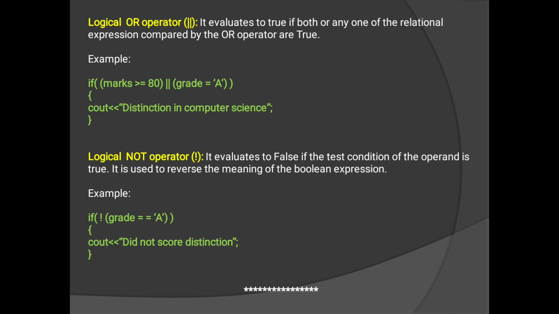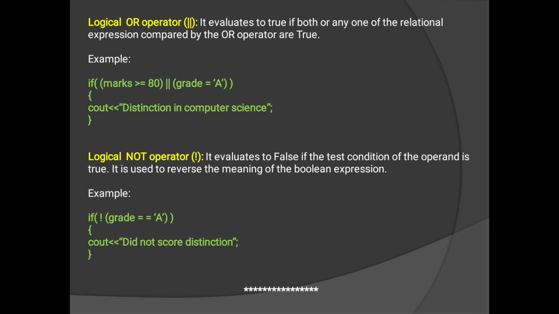Okay. Now the logical NOT operator evaluates to false if the test condition is true. So if the test condition is true or false, the exact opposite, the logical NOT operator will evaluate and then display. So it reverses the meaning of the Boolean expression, that is true to false, or false to true, like that.